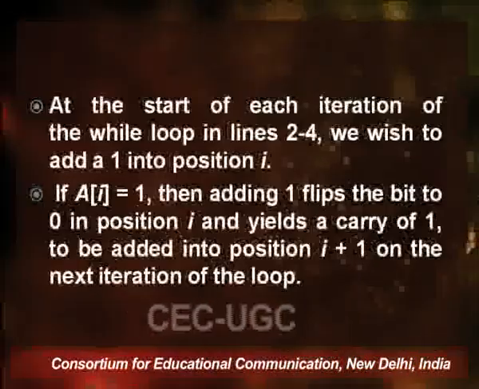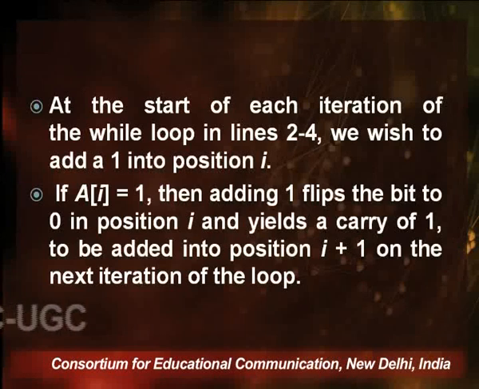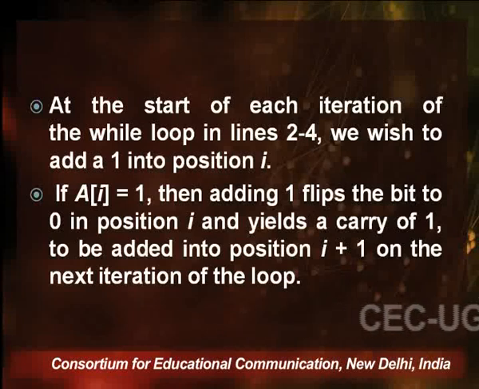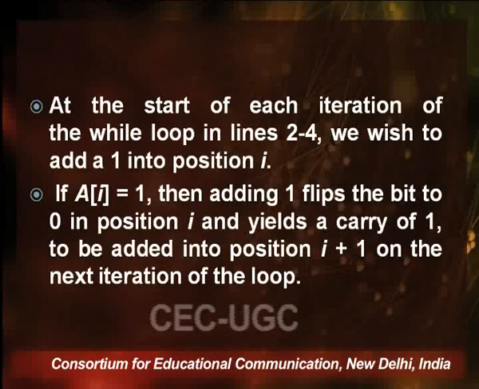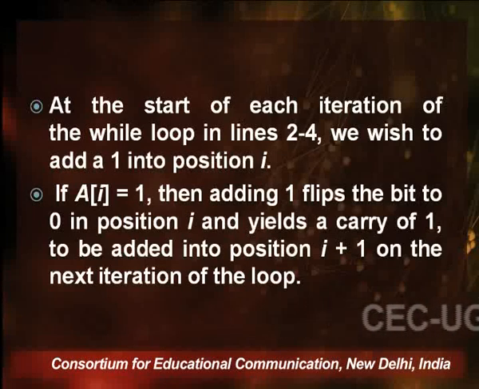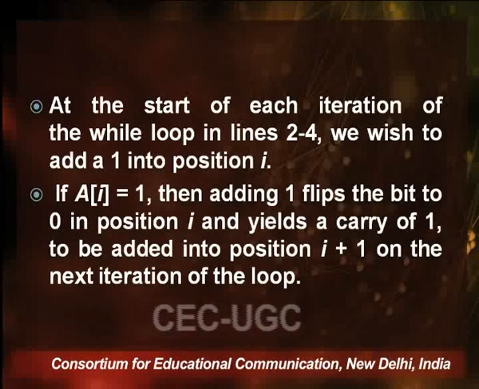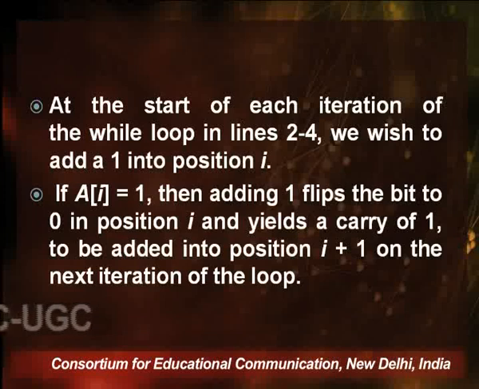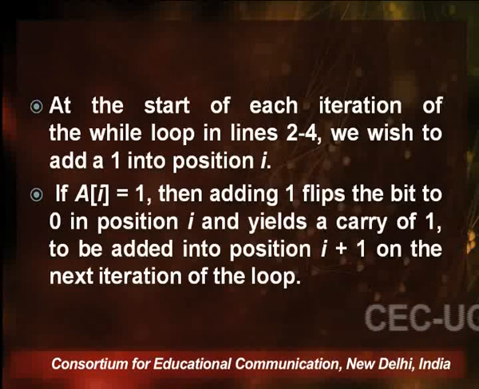So if A[i] is equal to 1, then adding 1 is going to flip the bit to 0 at the position i, and it is going to yield a carry of 1 to the next bit, which is i plus 1. So basically, if A[i] is equal to 1 and I add 1 more, this flips the bit to 0 at position i, and yields a carry of 1 to be added to position i plus 1 on the next iteration of the loop.